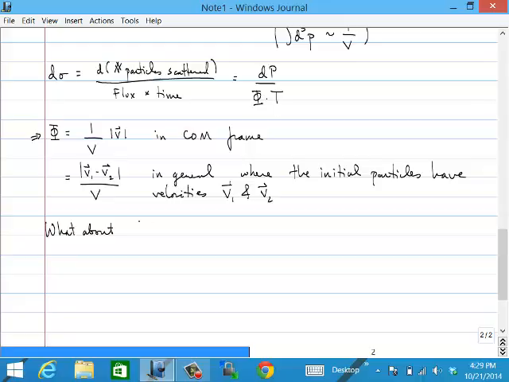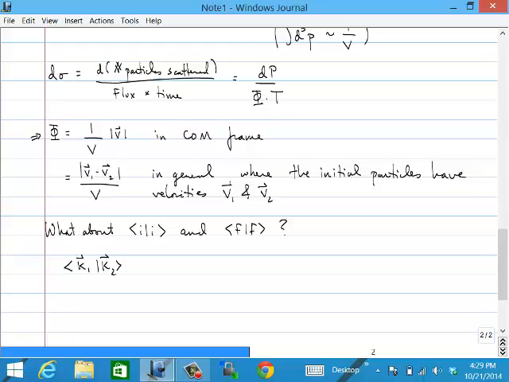Okay, so what about the norms of the initial and the final states? Let's imagine that we have some initial state which has some momentum k, and we're interested in computing the norm of that state. Now, naively, you might say the following.